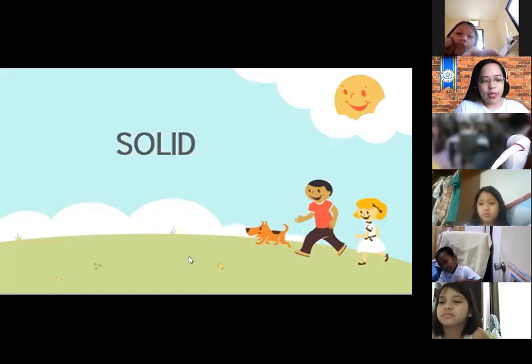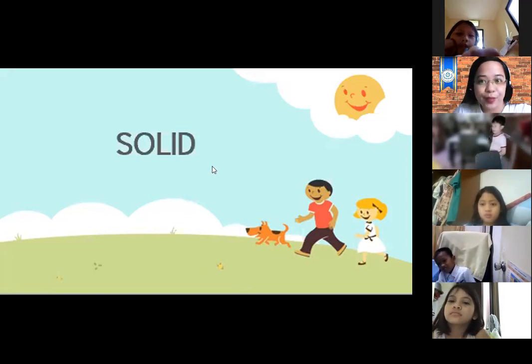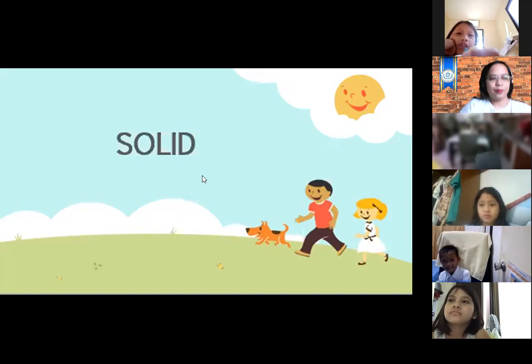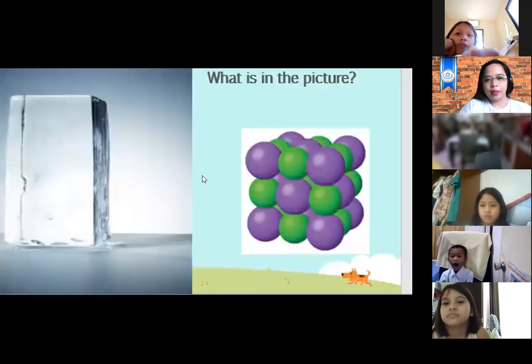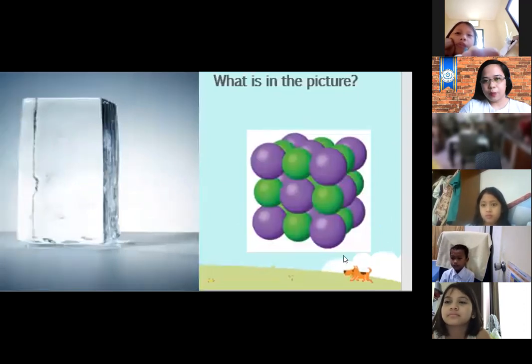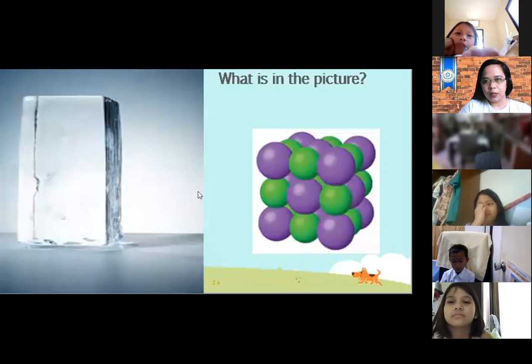Our topic today is about solid. Let's take a look back. So look at here. What is in the picture? In the picture, you can see it looks like an ice cube in tiny particles.